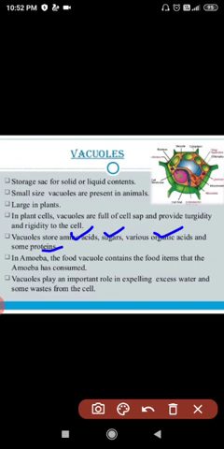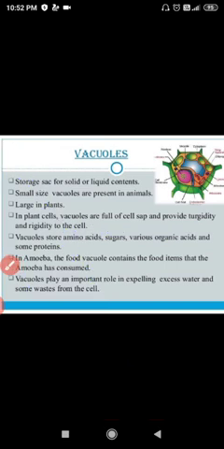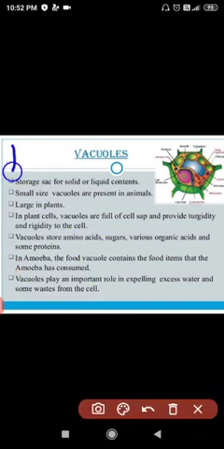One more term you have to remember is tonoplast. Just tono. T-O. I am writing it, try to write it.